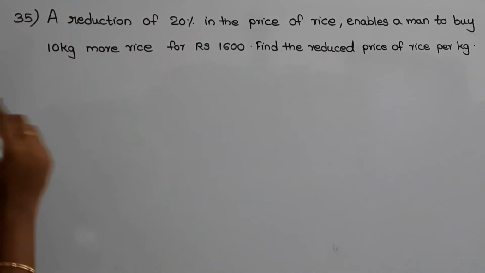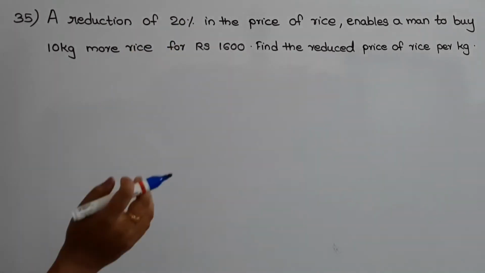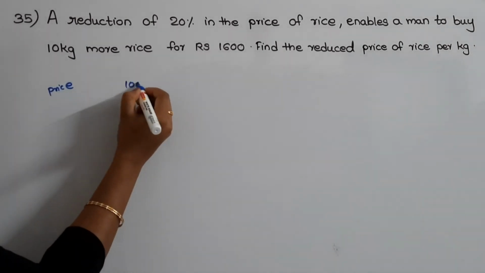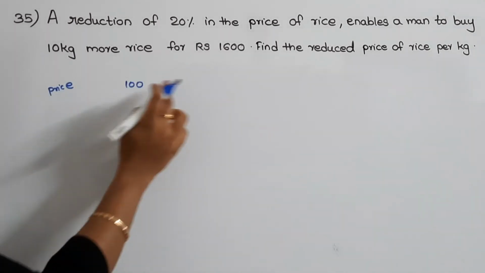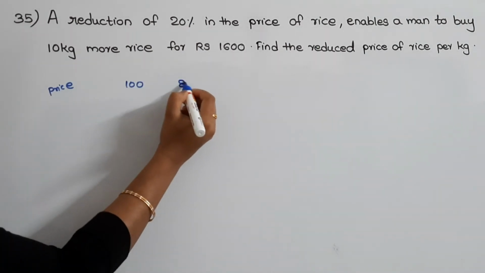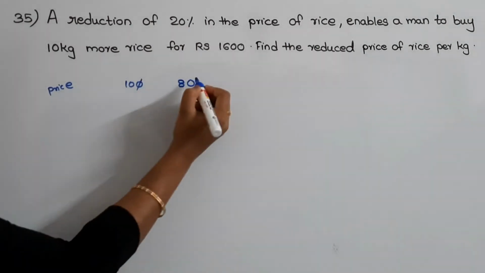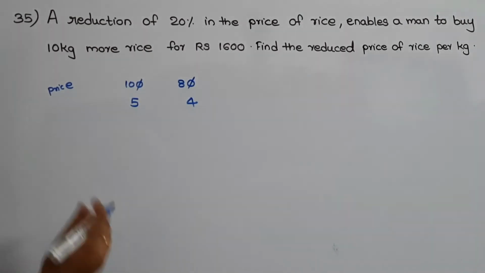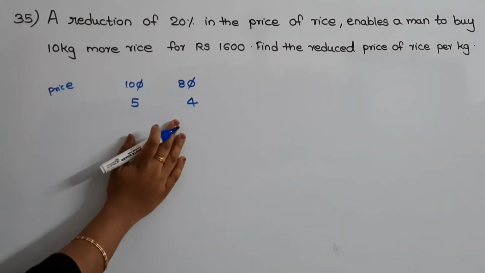So the price of the rice has decreased by 20%. Let us consider the initial price as 100. So now the price will be 100 minus 20, that is 80. Now let us find out the ratio of this. That will be 5:4. So the price ratio is 5:4.